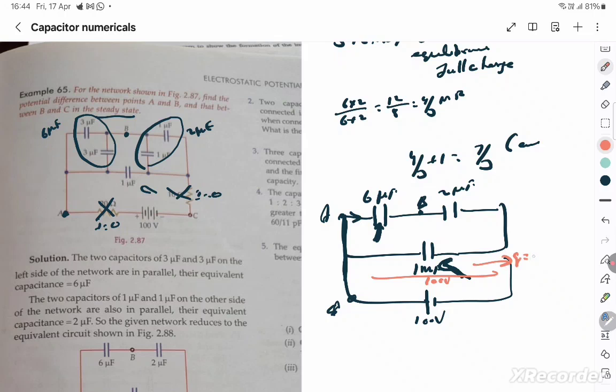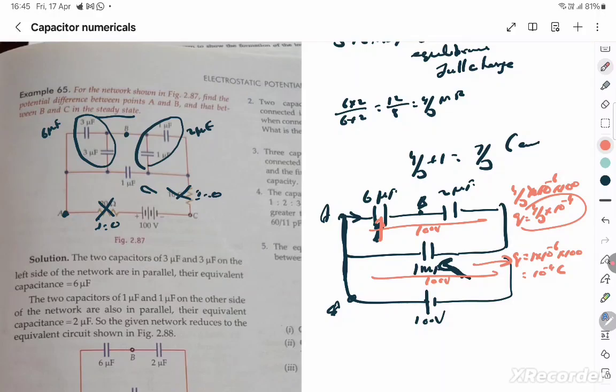Q, the charge acquired, is C into V, 1 into 10 to the power minus 6 into 100. So 10 to the power minus 4 coulomb is the charge here. And this whole thing is again 100 volt. The C equivalent for this row alone is 4 by 3 microfarad. So 4 by 3 into 10 to the power minus 6 into 100 will give me 4 by 3 into 10 to the power minus 4, and that's the charge acquired by this.